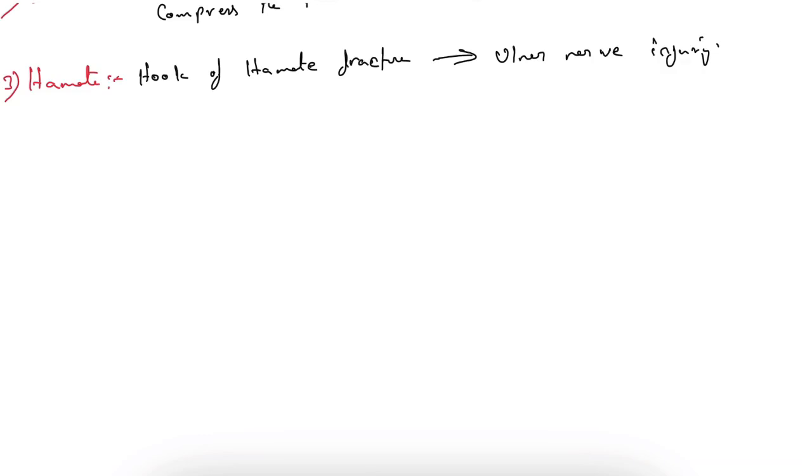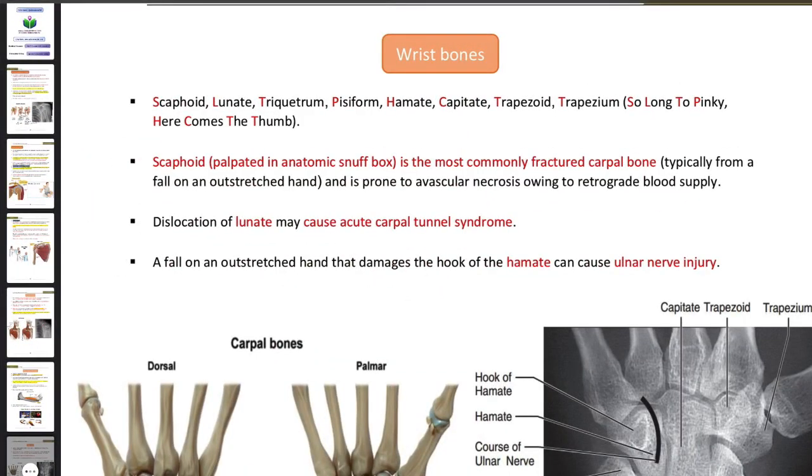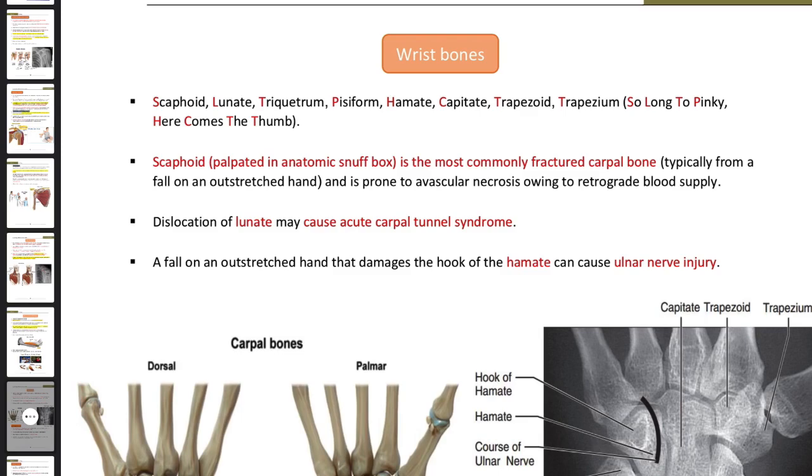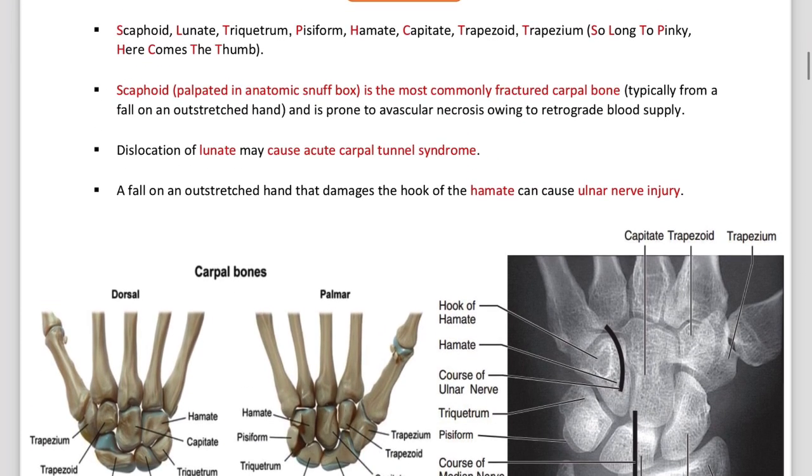If we go to First Aid, in First Aid you can see this type of image. In wrist bones we already discussed the mnemonic also. Scaphoid, palpated in the anatomic snuffbox, is the commonly fractured carpal bone, typically from an outstretched hand, and is prone to avascular necrosis owing to retrograde blood supply.